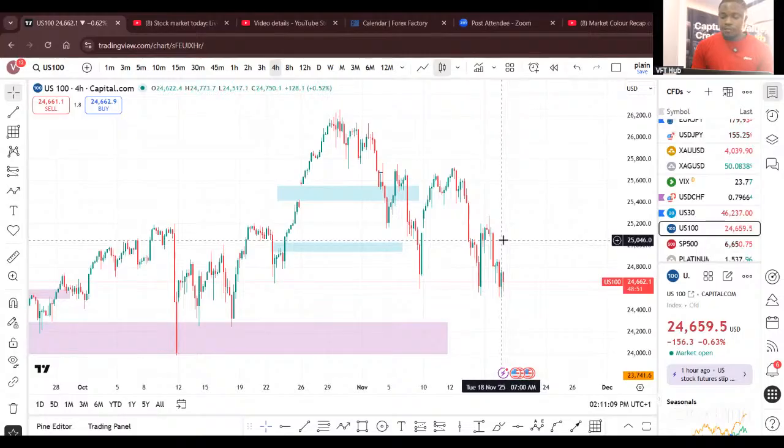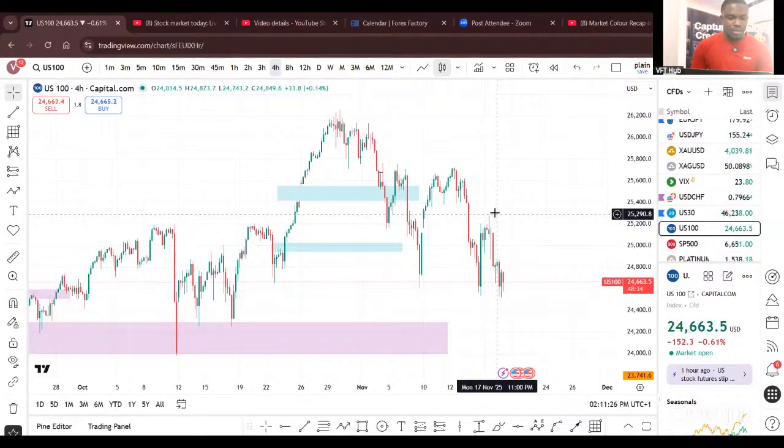If NVIDIA comes out positive tomorrow in terms of their earnings report and it's looking great, then we would see US 100, that's NASDAQ, fly because it's a tech stock. We'll see it rally significantly to the upside, which I strongly anticipate happens tomorrow.